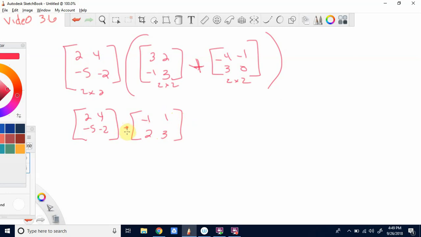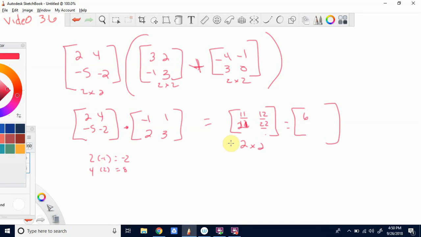So then we multiply. So how do we multiply? Well, you have a 2 by 2, so the result's going to be a 2 by 2. This is what it's going to equal. All right, so that's the result. So we're going to take 2, 4 times -1, 2: -2, 8.